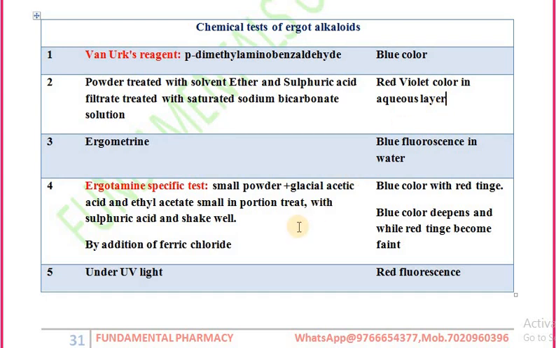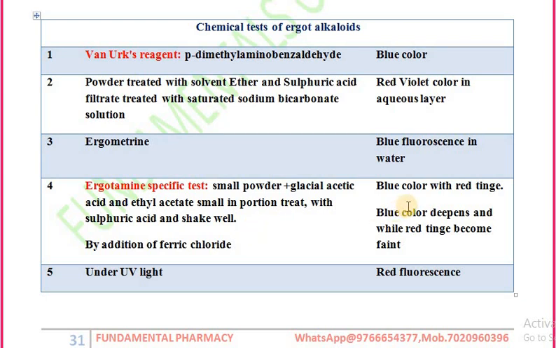The next one is the specific test for ergometrine. Ergometrine will give a blue fluorescence in water under UV. The next one is the specific test for ergotamine. You have to extract the powder with glacial acetic acid and ethyl acetate. Then add a small portion of sulfuric acid and shake.